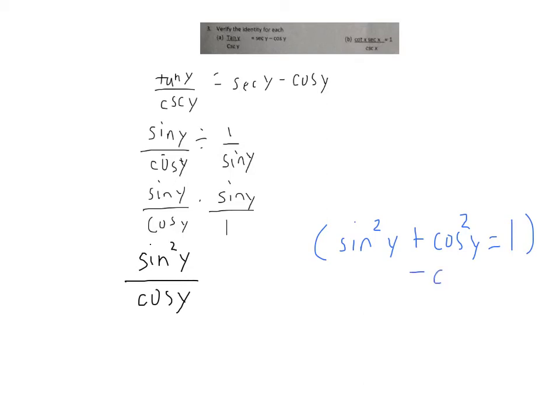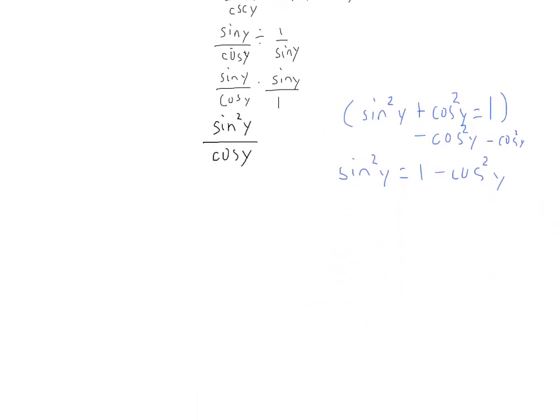We can subtract cosine squared y from both sides. And we're left with sine squared y equals 1 minus cosine squared y. So let's go back and substitute that into the expression here.